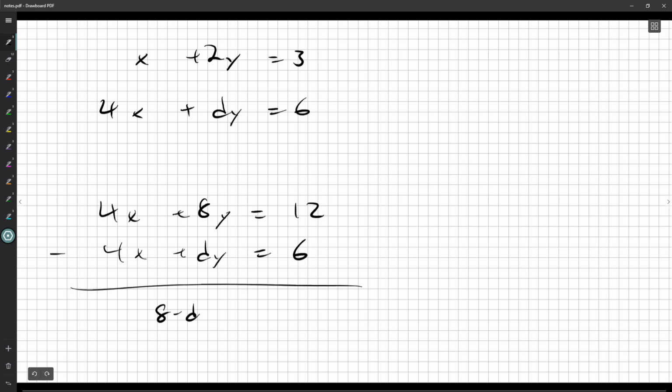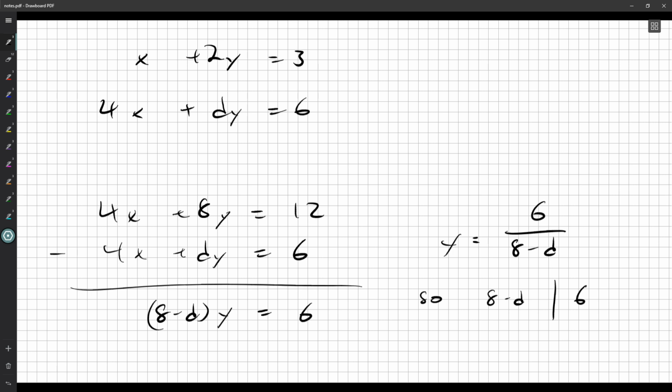Subtract, you'll get 8 minus d times y equals 6. And so we would want y equals 6 divided by 8 minus d. So 8 minus d must be a factor of 6. Can we learn anything more?